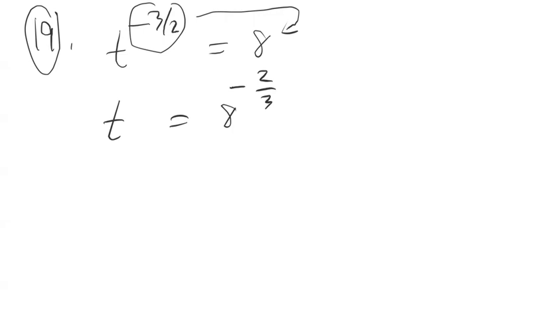Now you may ask yourselves, how do you do 8 to the negative 2/3? Well, remember, an exponent has 3 different parts. It has a root in the bottom. If it's a 3 in the bottom, that means you'll do the cube root. In other words, a cube root is another way of saying the third root.